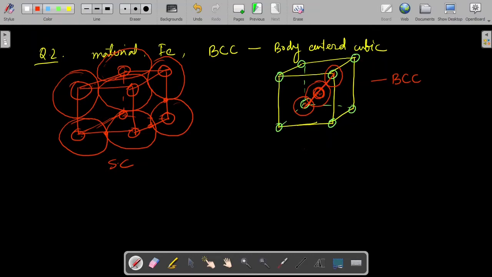Similarly, along the other diagonal, this atom here, the center atom, and this atom must also be touching each other. Similarly, this atom and this center atom must be touching each other. So in this way, you have to imagine the body-centered cubic system.